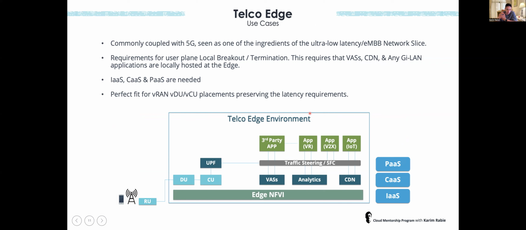There was no need to do that on 4G. But in 5G, you need to do that because of the ultra low latency requirements. And if you have a business case, or if you want to provide a network slice, which is another concept that we may explain in next sessions, you provide a network slice to a specific enterprise customer.